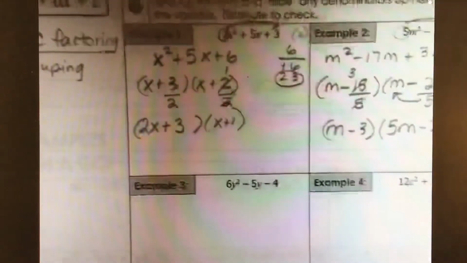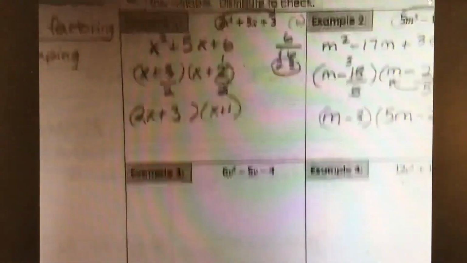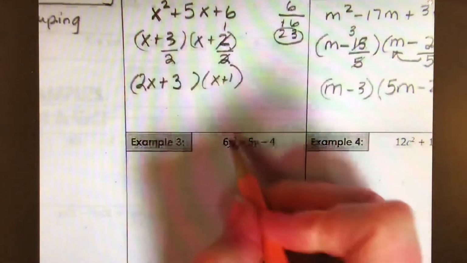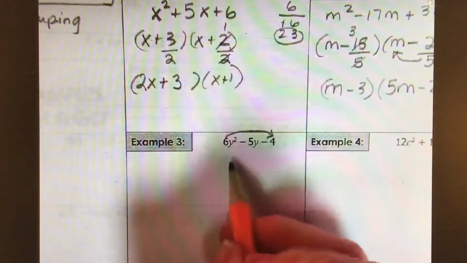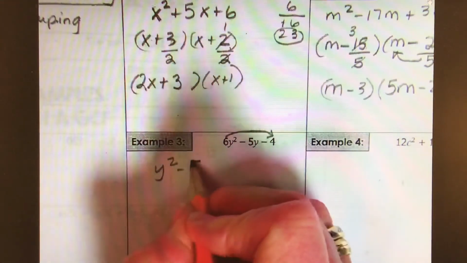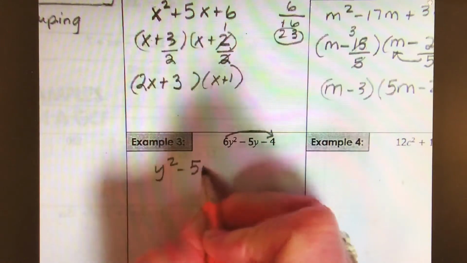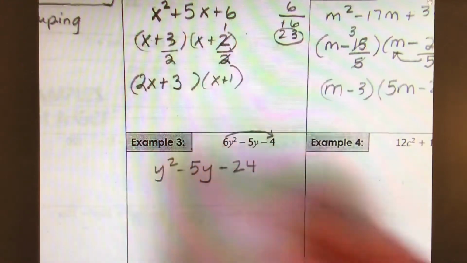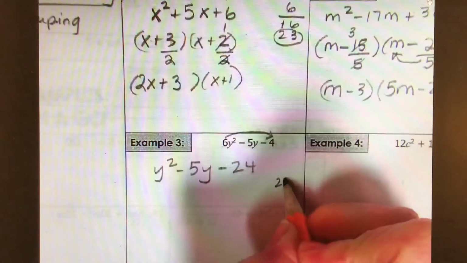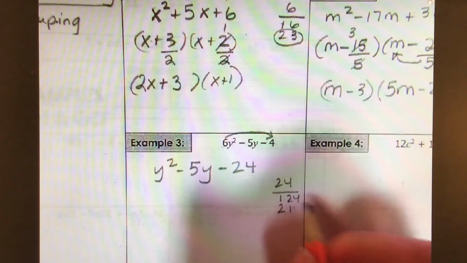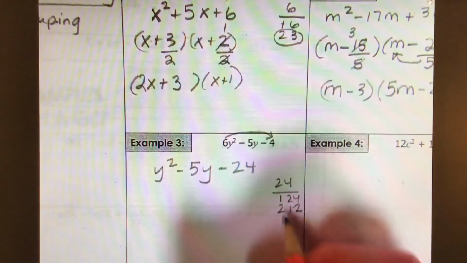Let's do one more. Okay, so let's go ahead and slip. I'm going to rewrite this: y squared minus 5y, and then 6 times 4 is 24, but negative wins. And I'm going to list my factors of 24. So I have 1 and 24, I have 2 and 12, and then I have 3 and 8.